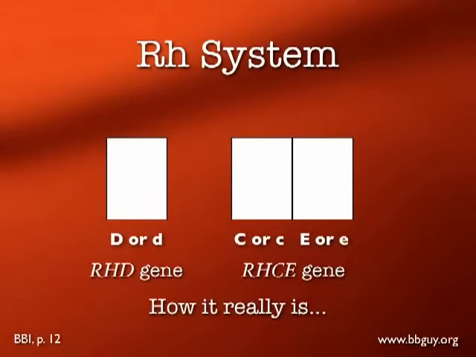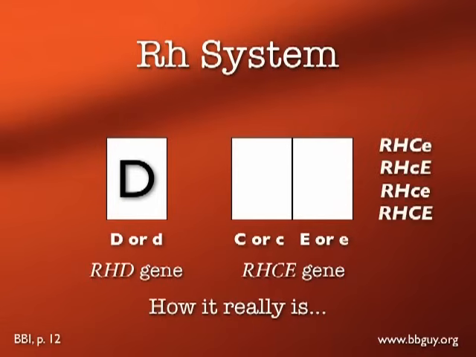With the RhD gene, you get a big D or the lack of big D, whether that's a mutation or whatever. And for the RhCE gene, you have the possibility of 4 different alleles. Those alleles include big C, little e; little c, big E; little c, little e; and big C, big E. You can see those on the right side of the slide there.